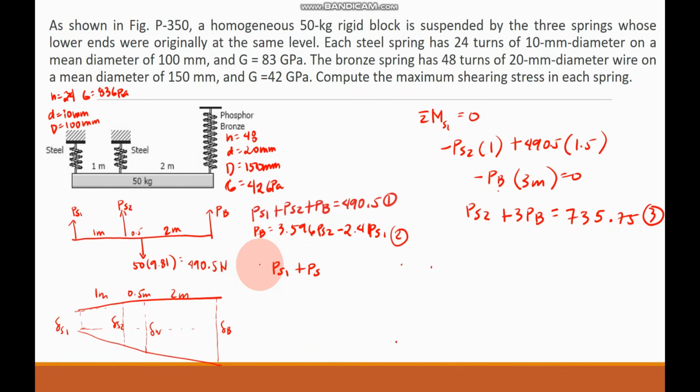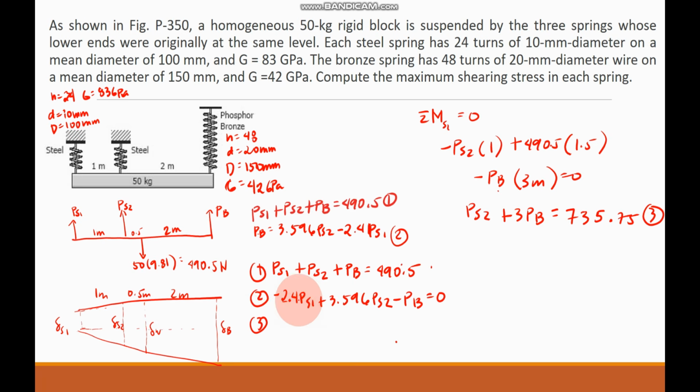So equation 1, PS1 plus PS2 plus PB is equal to 490.5. And then sa equation 2, PS1 natin, so magiging negative 2.4 PS1 plus 3.596 of PS2 minus PB is equal to 0.